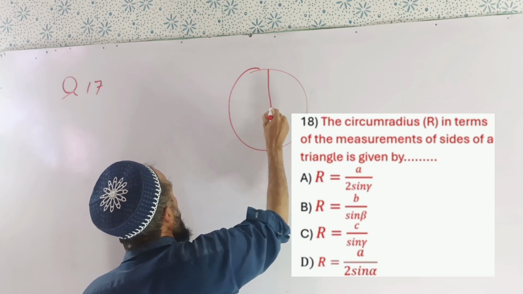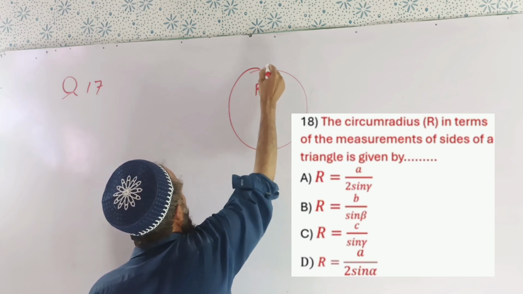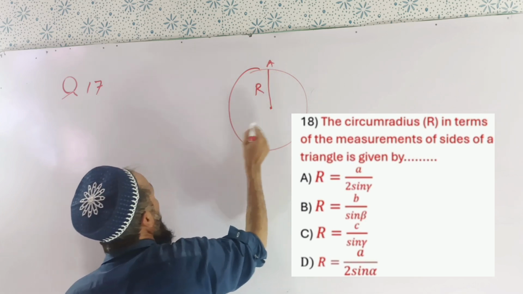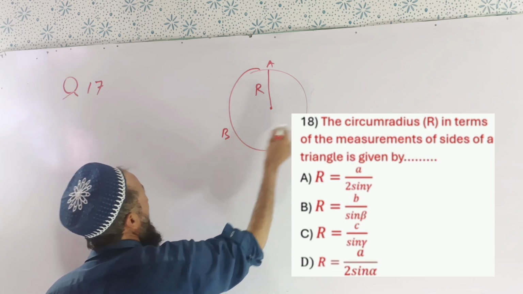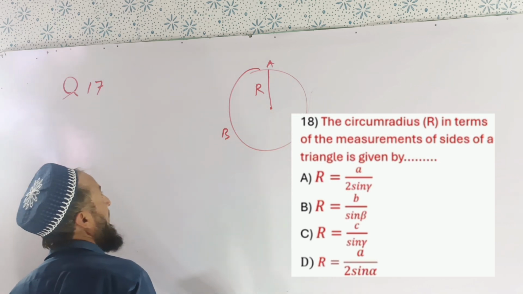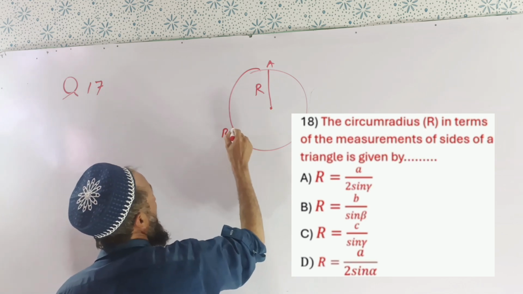And here this is the center and the radius R is required. A, B and C of this triangle A, B and C are required.